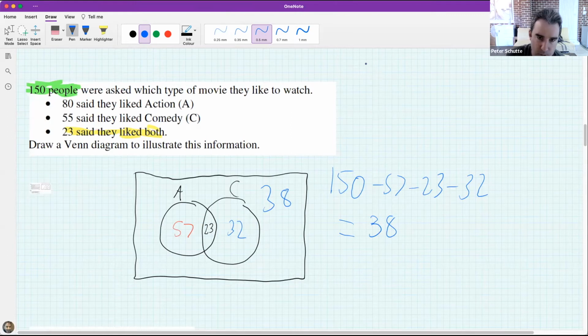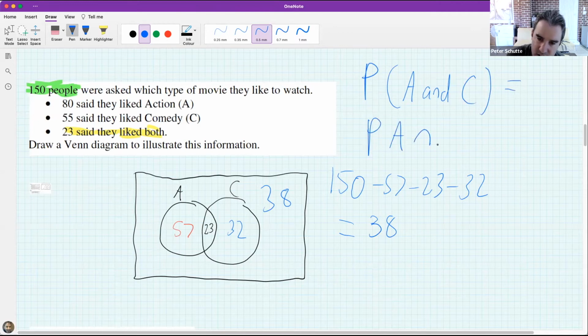What is the probability that they like both action and comedy? So A and C. Another way of writing this, I'm going to write it in both notations, is this would mean the same thing. What is the probability that a random person you choose from this group likes both action and comedy?